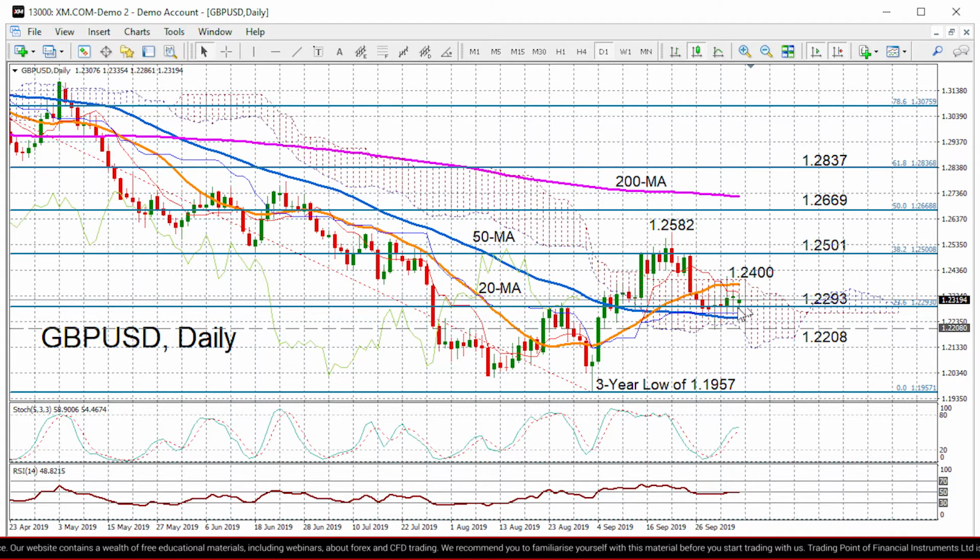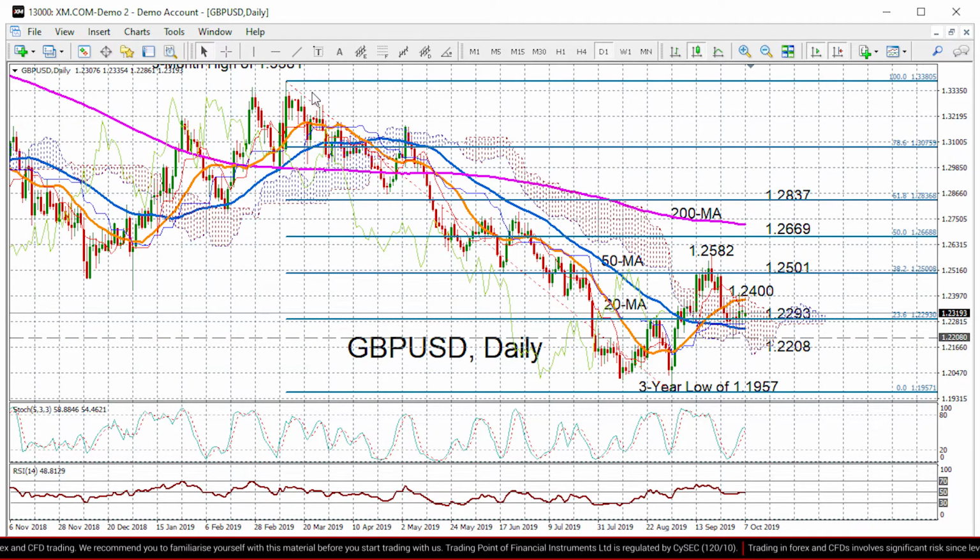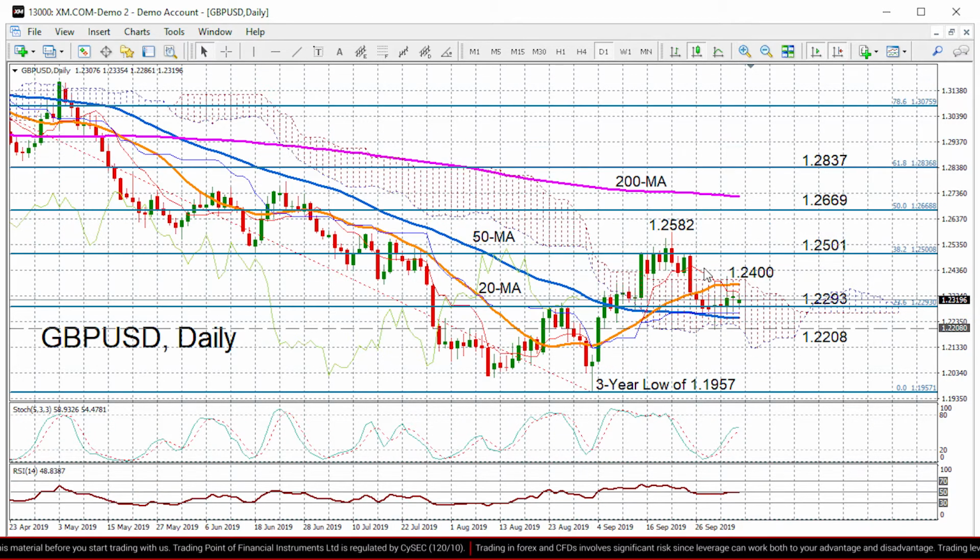Prices at the moment are hovering around the 23.6% Fibonacci retracement of the long-term downtrend from 1.3381 to 1.1957. So slipping below that level would increase the risks to the downside.